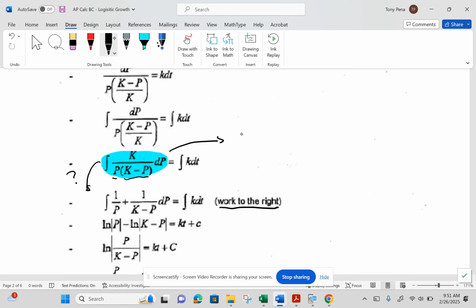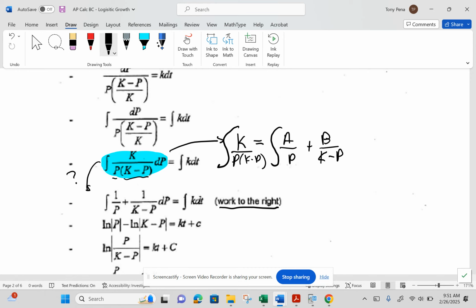So this is one of the ones where we're going to take our p over k minus p, and we're going to set that to a over one of the factors, and I'm going to make that the p, and then our b over the other factor, which is this k minus p. Because we're trying to integrate the left side, so if I can break it down into the partial fractions and know what a and b are, then we can go ahead and do that.